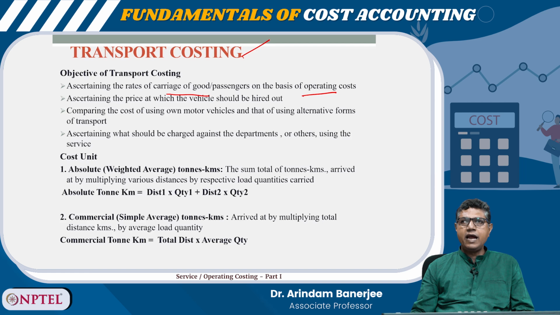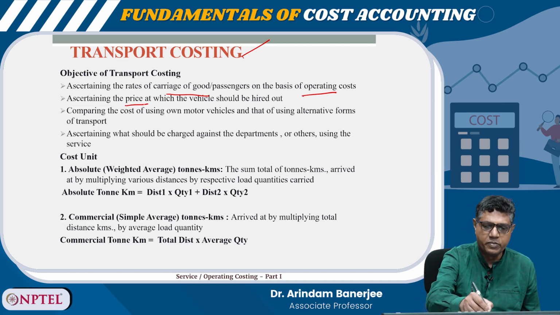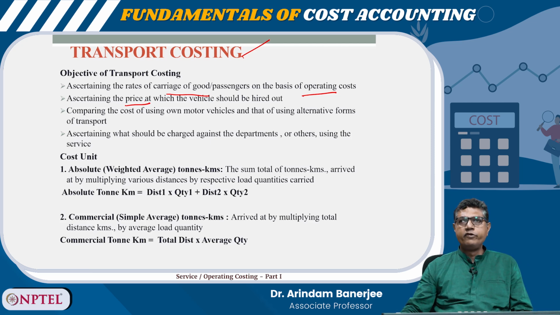Another objective is ascertaining the price at which the vehicle should be hired out. Another is comparing the cost of using own motor vehicles with that of using alternative modes of transport.